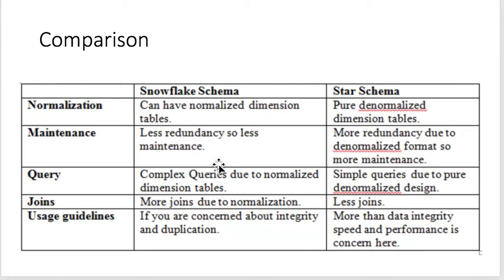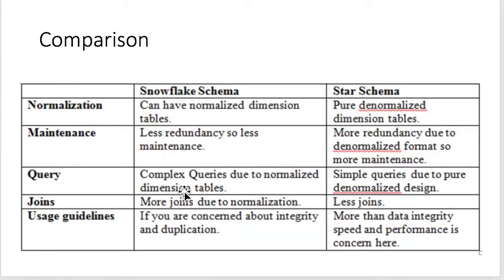And because the SnowFlake schema has normalization, it reduces the redundancy and require less maintenance. However, the star schema is the opposite. It has more redundancy due to the denormalized format, so it required more maintenance.